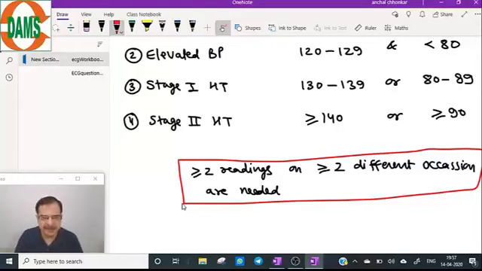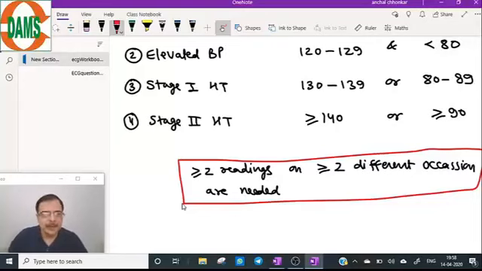Then call the same patient tomorrow or next week; that will be the second occasion, and you take 2 readings again. So at least 4 readings are needed to make a diagnosis: 2 readings each on 2 different occasions. Earlier it used to be 3 readings, now it is 4 readings. These are the changes from what you have done earlier.